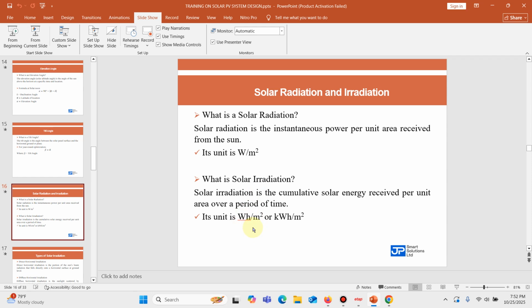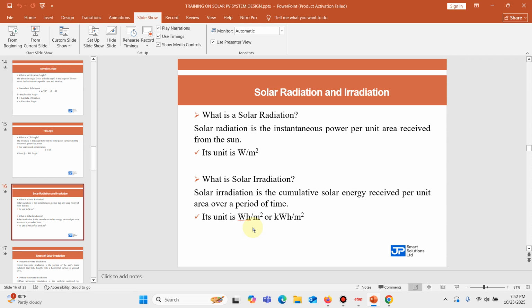It is for this reason solar irradiation is much more important than solar radiation, because the longer solar hours we have, the more output power we get. So this is the basic difference between solar radiation and solar irradiation.